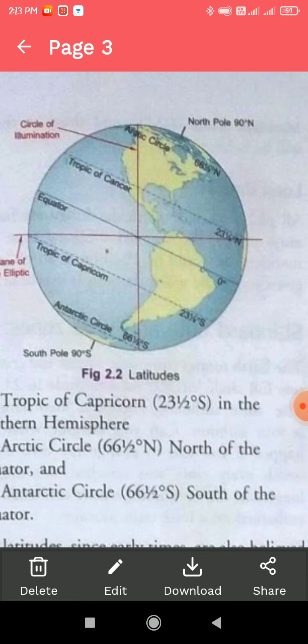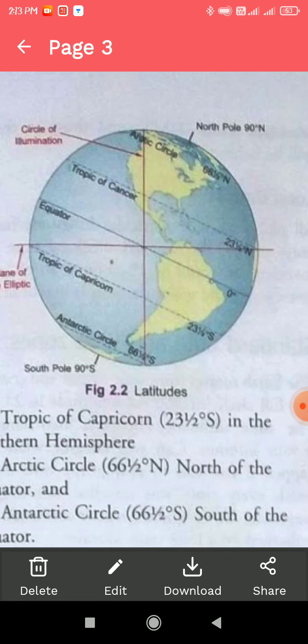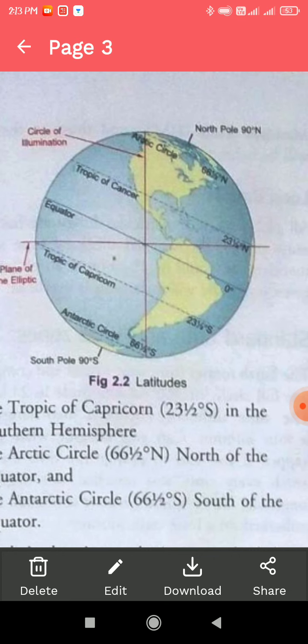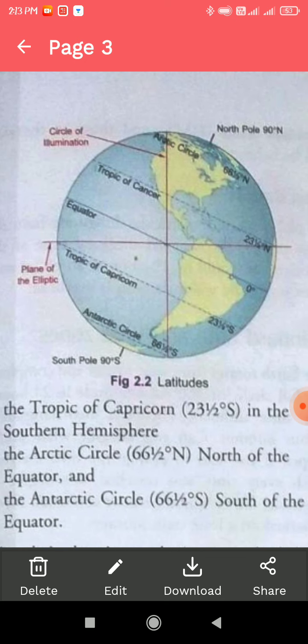Here you can see the area between the Tropic of Cancer and the Arctic Circle in the north, and between the Tropic of Capricorn and the Antarctic Circle in the south. In this area, the sun is never overhead and the rays do not directly fall on the Earth's surface.